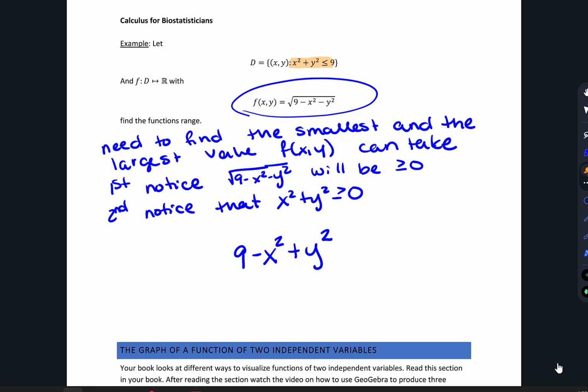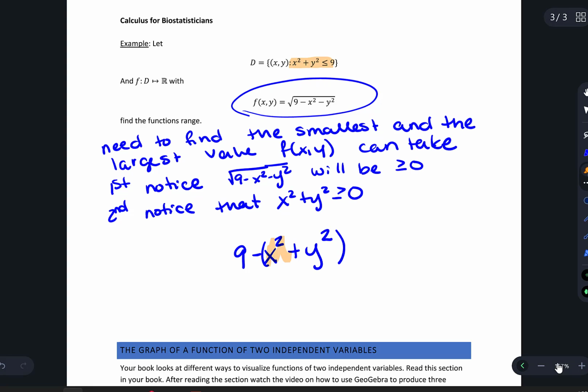So, using these two conditions, notice the largest this x squared plus y squared quantity can be is 9.